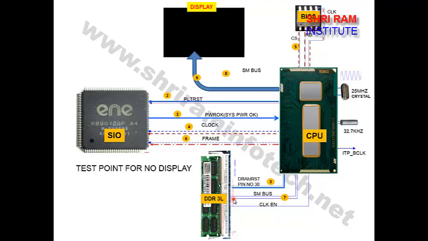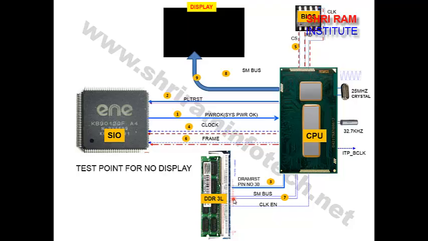When the CPU does the power on self test, at that time the CPU reads the RAM, and on the RAM there is a small 8-pin chip. That chip is called SPD. SPD means serial presence detect.